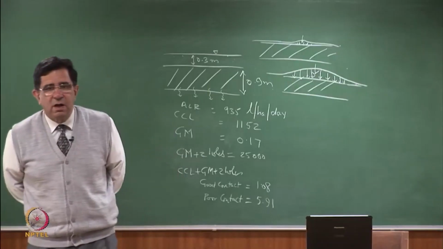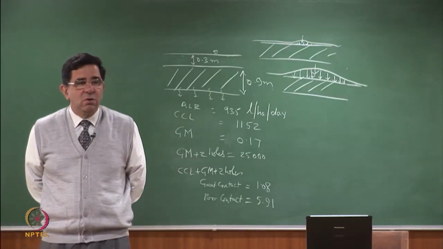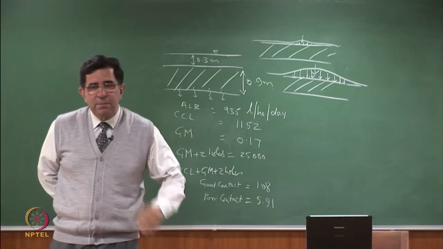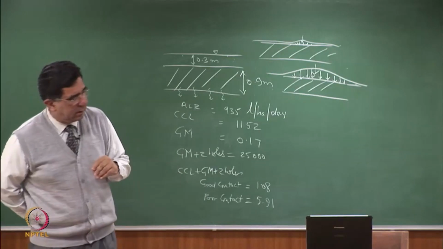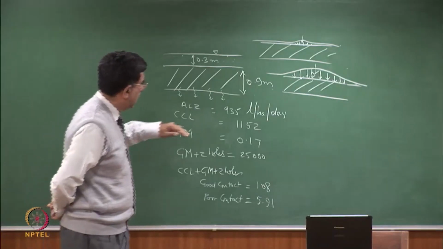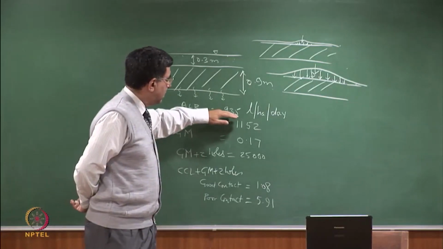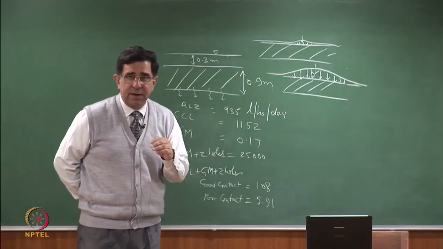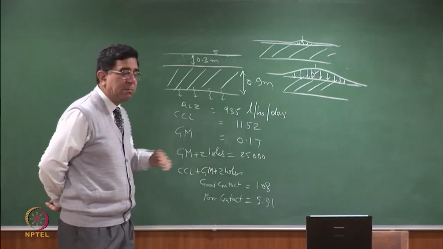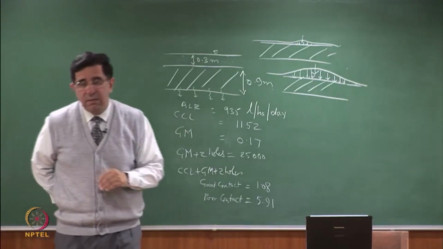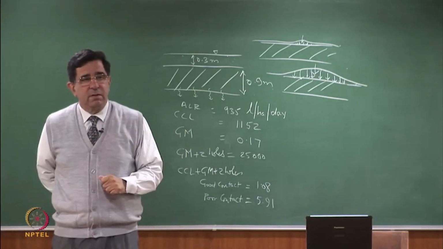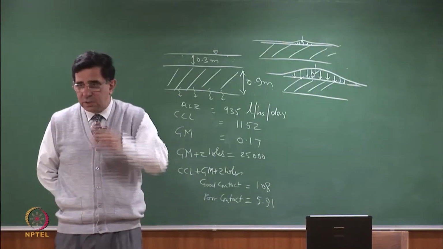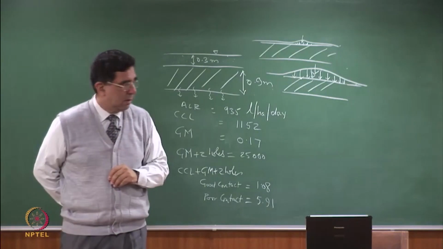So what do these examples show us? The examples show us that our action leakage rate is about 1,000 liters per hectare per day, which is what we would get with a compacted clay liner, which is relatively thick and has a head almost equal to the thickness of the leachate collection layer on top.